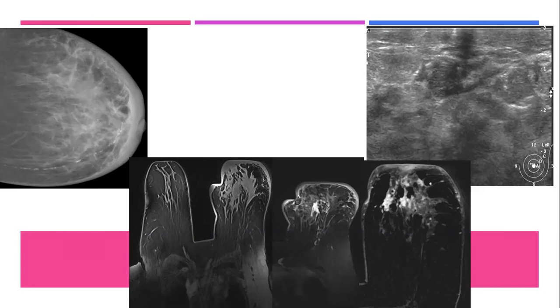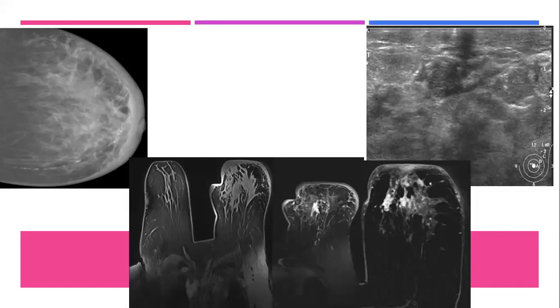We have three types of enhancing lesion. One is a mass. If it is not a mass, it will be non-mass enhancement.